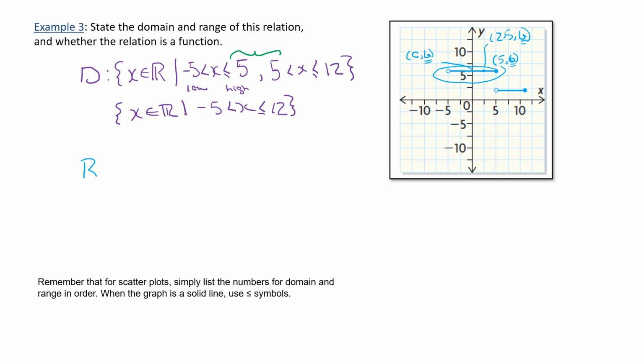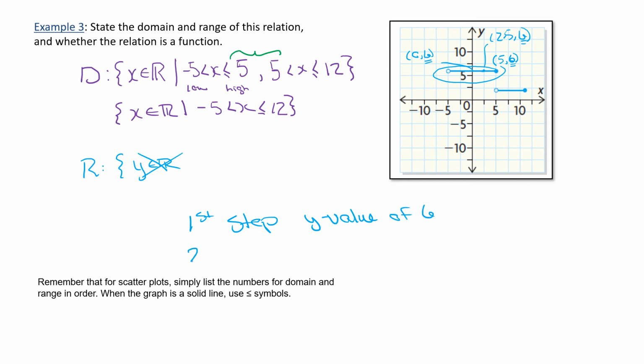So for my range, I'm not even going to put y as an element of real numbers. Well, I'll write it, but I'll erase it just to show you. I'm not even going to put that because it's not real. It's only two numbers. The first step only has the y value of 6.